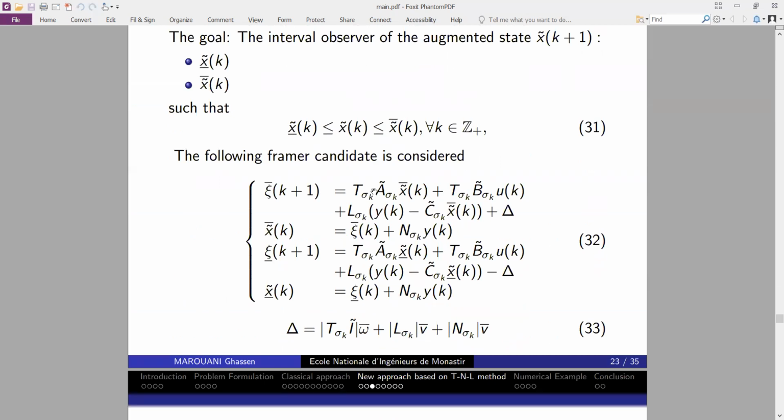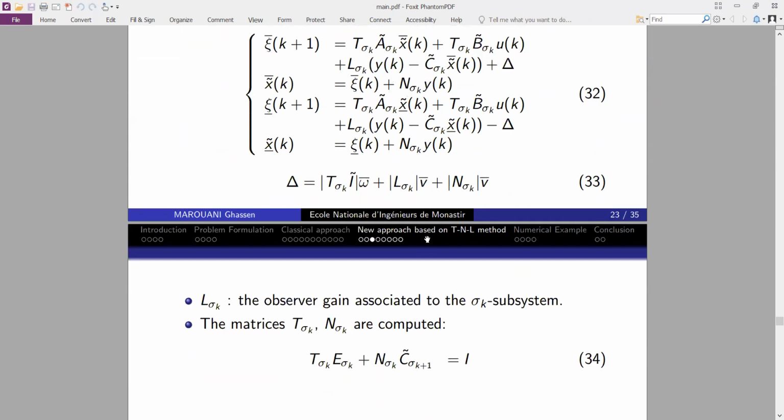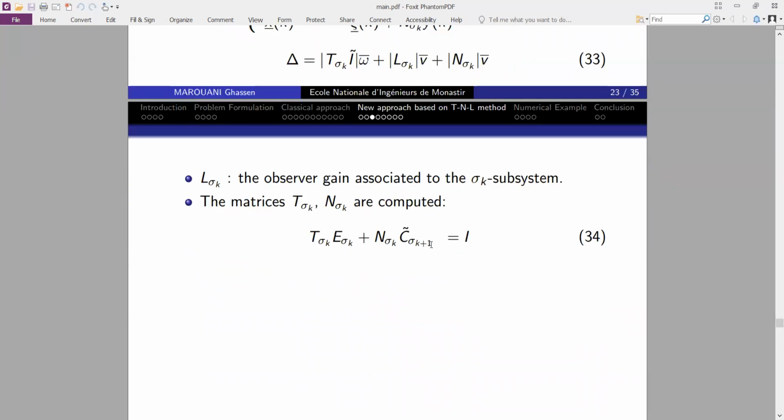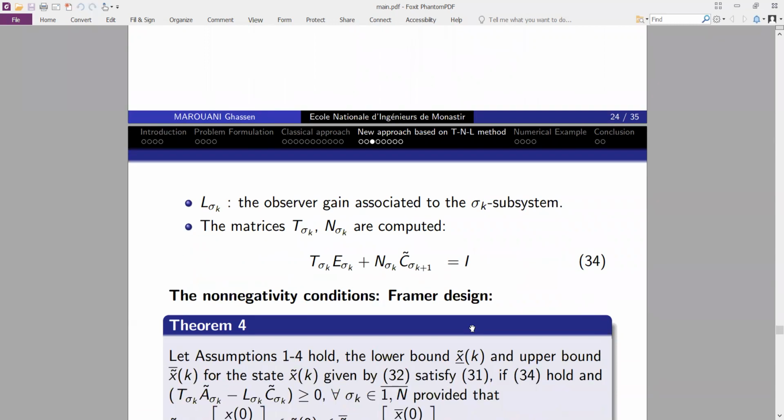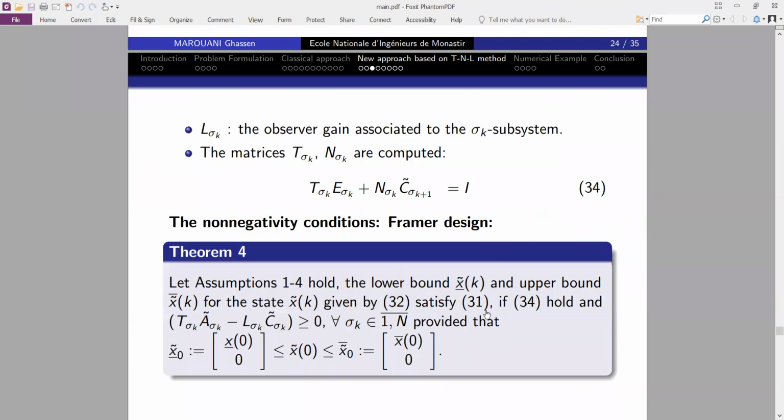We can remark that in this structure we introduced the new matrices T and N. T and N will provide more degrees of freedom in the design approach. Those matrices are computed such that the following equation is verified. So to design an interval observer, as mentioned before, we have to verify the non-negativity condition, which is provided using the following theorem.